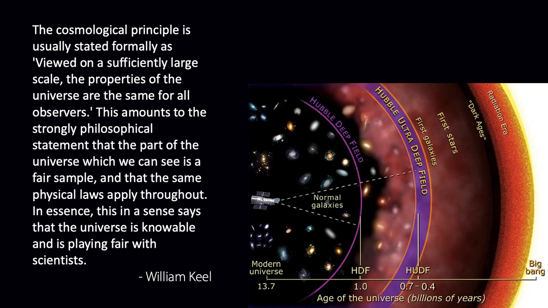So this is the cosmological principle, and as I said, it's a matter of a philosophical statement, and there are some arguments against it. One of the aspects of it is that it's very scale dependent. On a large scale, yes, on a small scale, no. One example of a symmetry breaking within the cosmological principle is the fact that we're here asking a question.